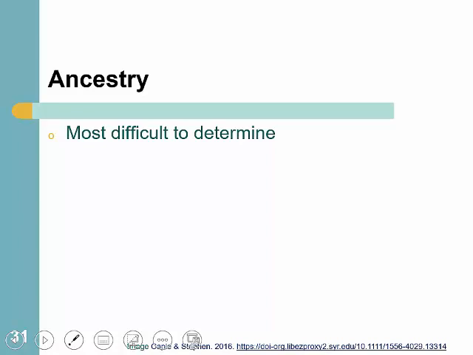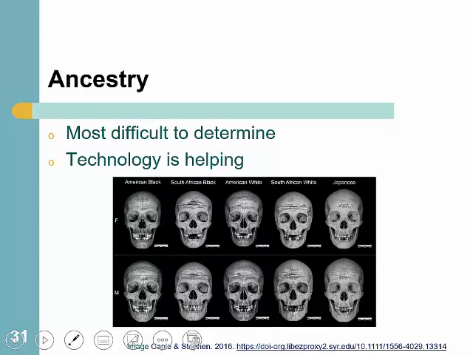So it can be difficult to determine what a person's true ancestry was unless they come from a race that is more isolated or has remained throughout their family marrying within their same race or ancestry. So technology is beginning to help us with that. And the same way that we can create databases of heights, they're starting to create databases of skulls.